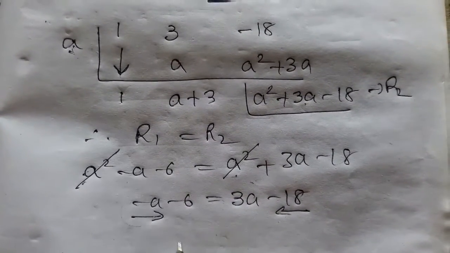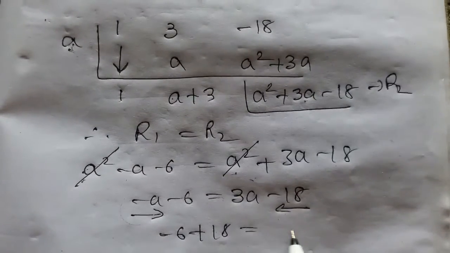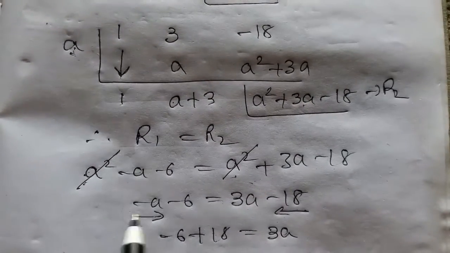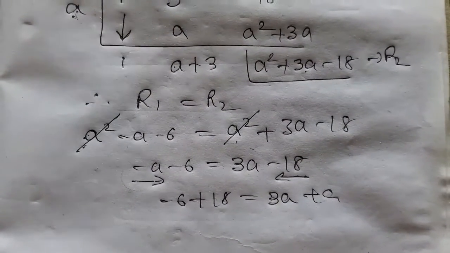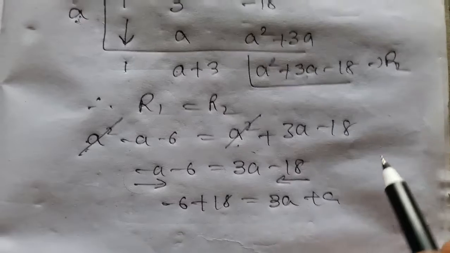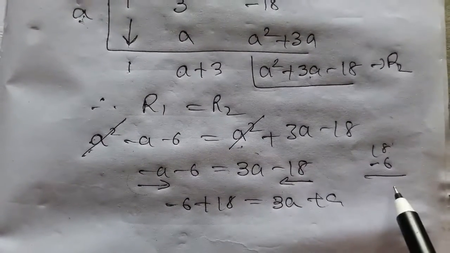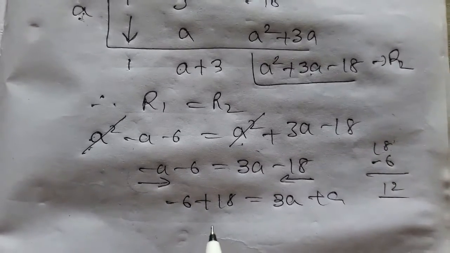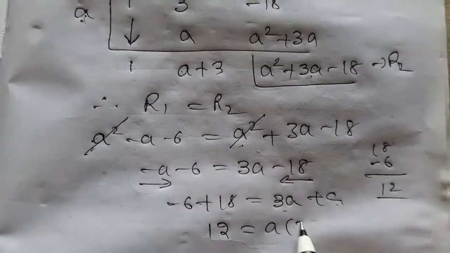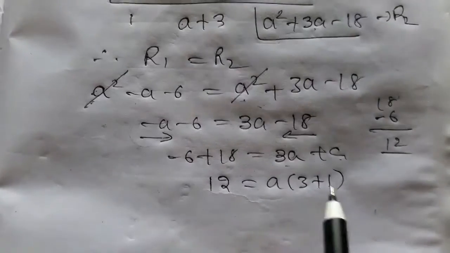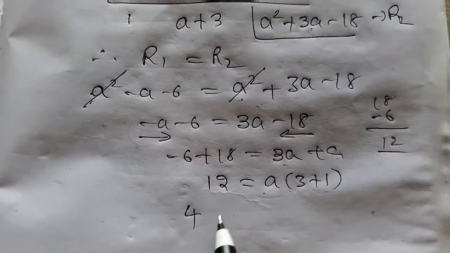Now see here, minus 6 plus 18 is equals to 3a plus a. Minus 6 plus 18, what we got? Plus 12. Plus 12 is equals to, here a is common, 3 plus 1, that means 4a.